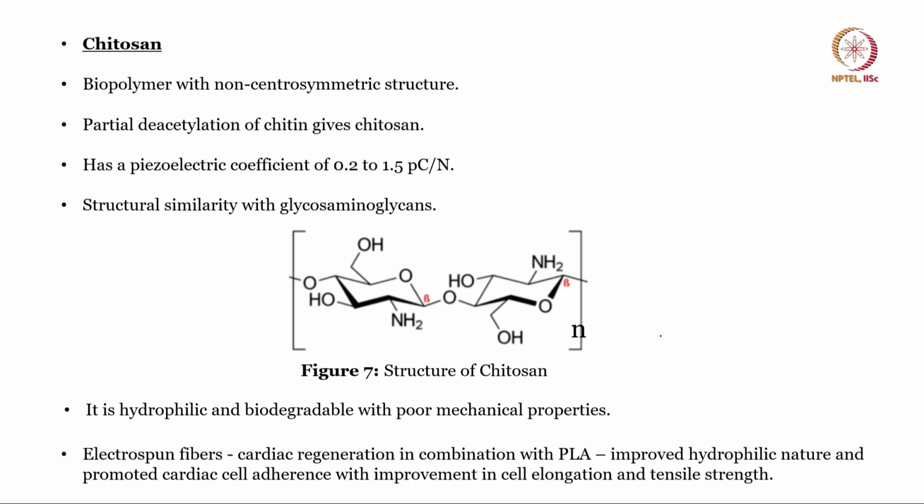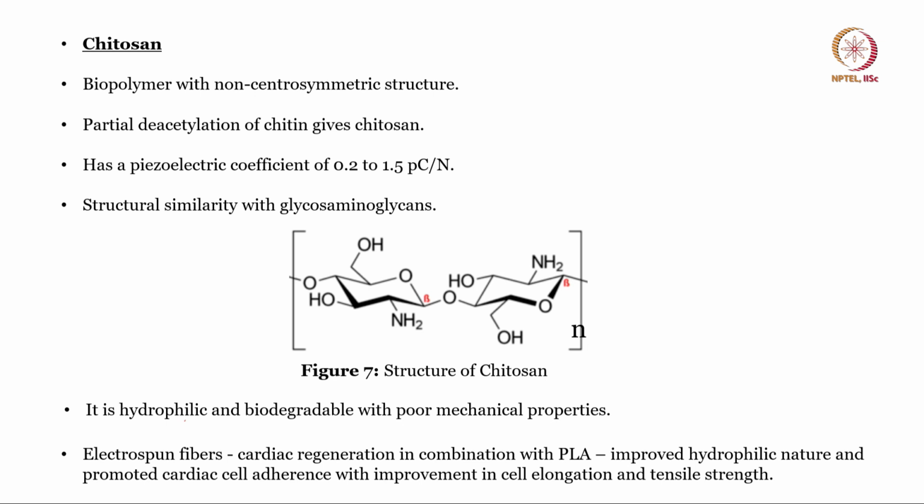Apart from this, chitosan is highly hydrophilic, because the OH and NH2 groups present are highly polar in nature and able to form hydrogen bonding with the surrounding environment easily. That increases the hydrophilic behavior of the material, and the material is biodegradable also.